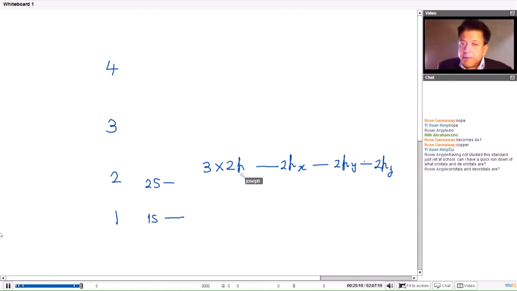And the p orbitals come in lots of 3. So we have 2px, 2py, and 2pz. That's because their orientations are like 2 lobes along an x-axis, a y-axis, and the z-axis. Hence, the 2p x, y, and z. And the s orbitals have a spherical symmetry around the nucleus. Rosie, is that making sense so far?